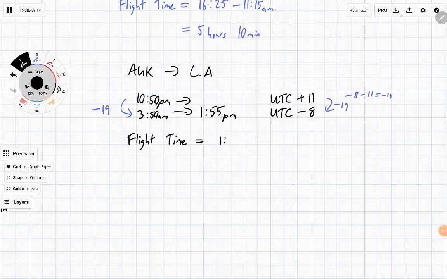Well, it's 1:55 p.m. minus 3:50 a.m. Let's write 1:55 p.m. in 24-hour time, so it's going to be 13:55 minus 3:50. 50 is going to leave us with 5 minutes, and 3 hours off gives us 10 hours and 5 minutes.